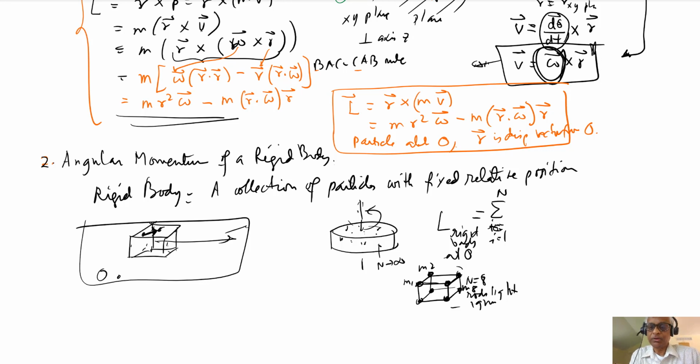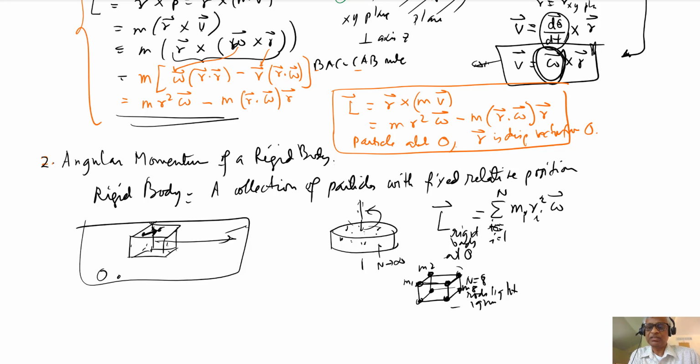You go all the way through each of the masses, and for each one you have this vector. So I will end up with Mi, say the first mass, times displacement square omega.